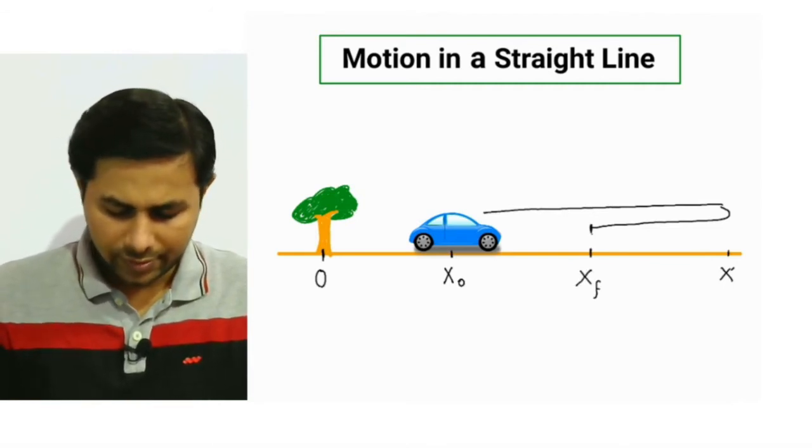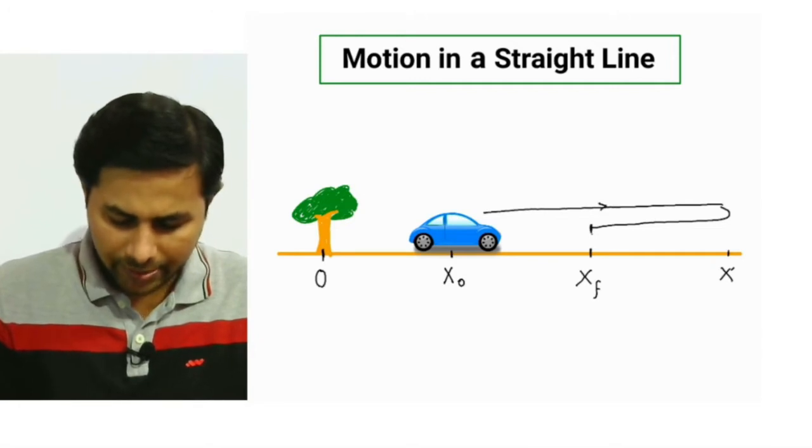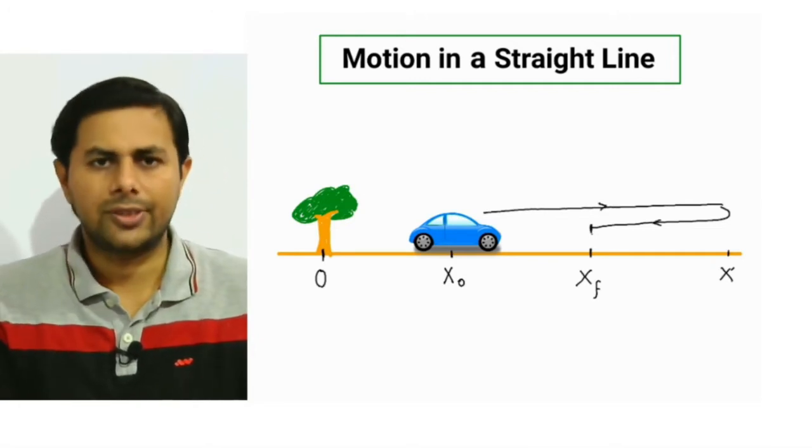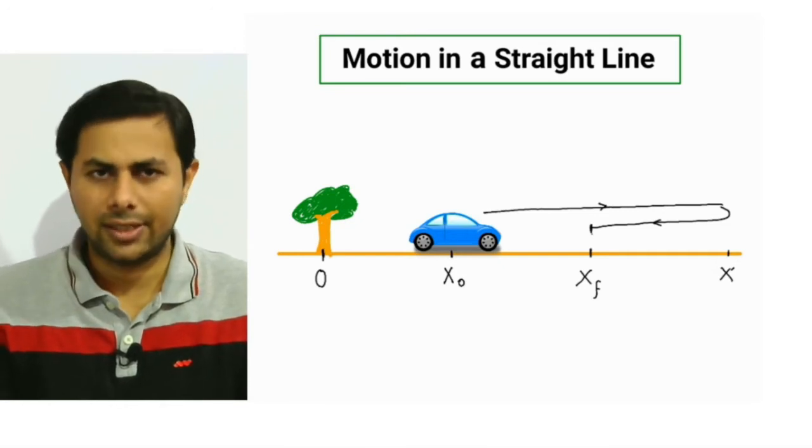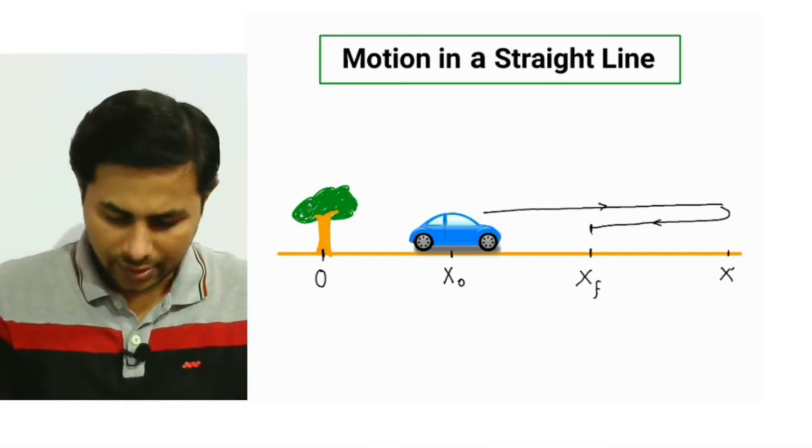So now we can define several terms for the motion of this car, and the first one is the distance covered.